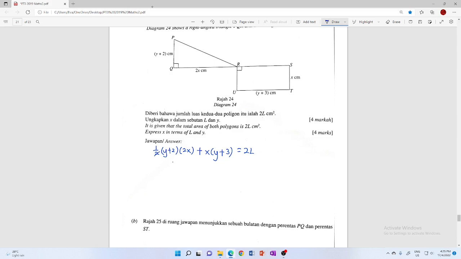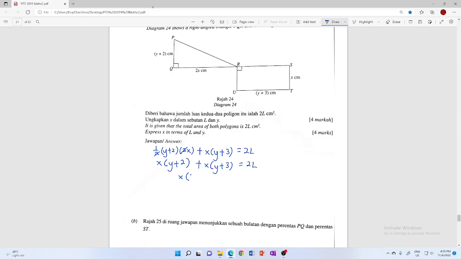So we can eliminate the 2, simplify it, and the remainder is x multiply y plus 2 plus x multiply y plus 3 equals 2L. Since this is x, we can make it together by adding inside.